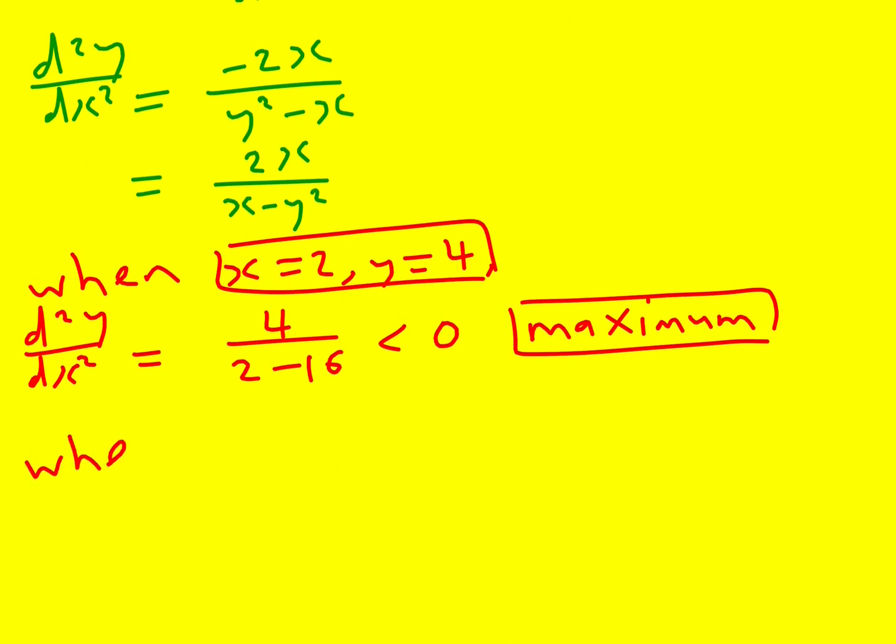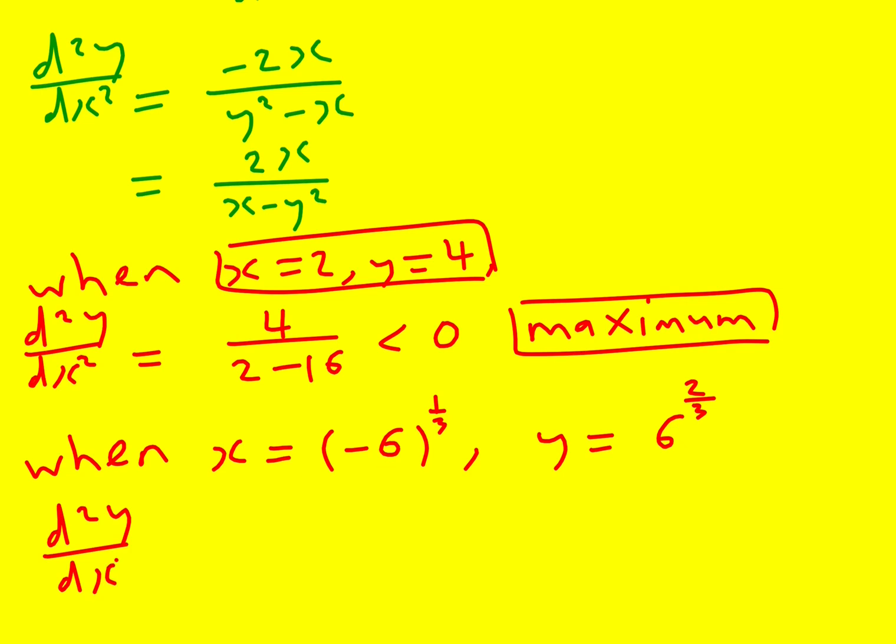Then when x is equal to the cube root of minus 6, I'm going to write that as minus 6 to the third. We get that y is 6 to the 2/3, because when you square a negative, you're going to get a positive. We'll get that d2y by dx squared is equal to, now remember we're using this one, so it's going to be 2 lots of minus 6 to the third all over minus 6 to the third minus 6 to the 4/3.